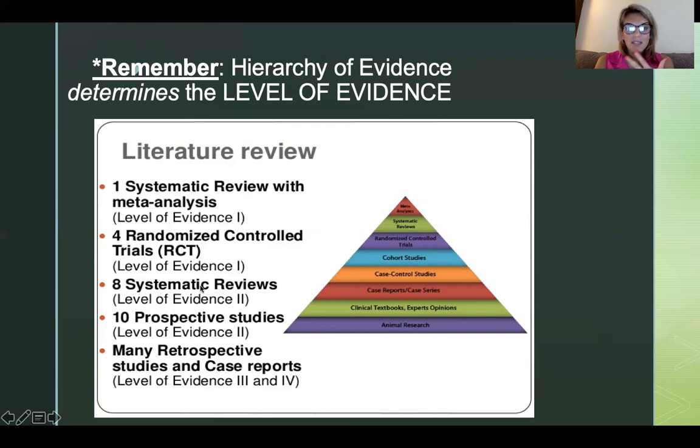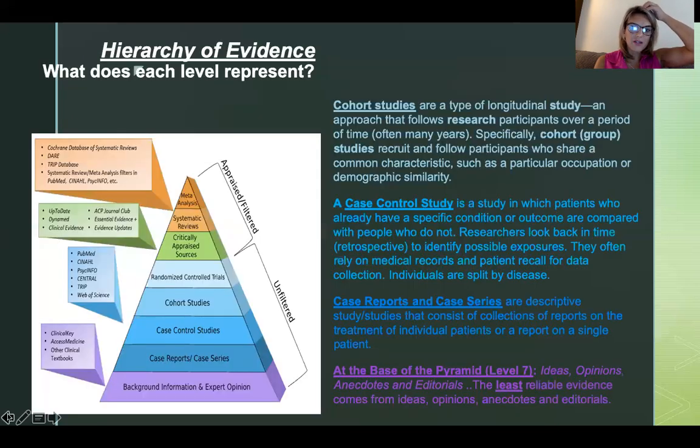Here, they also found 8 systematic reviews, level of evidence 2. Okay, fine. 10 prospective studies they found in level 2. Okay, and then many retrospective studies and case reports, levels 3 and 4. Okay, remember these words, retrospective and prospective, they fall in your case control studies, okay? And so that's where you have to remember this verbiage in particular in each level, so that way you can really understand what level it falls in.